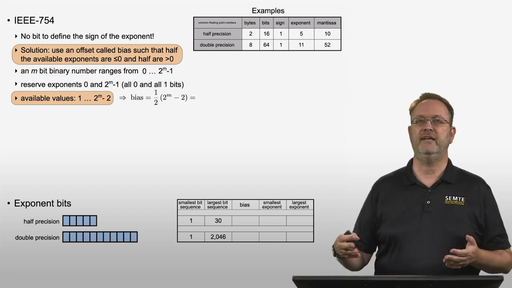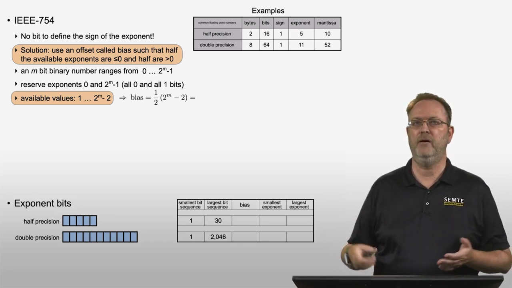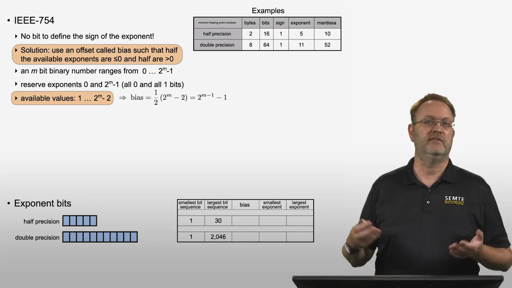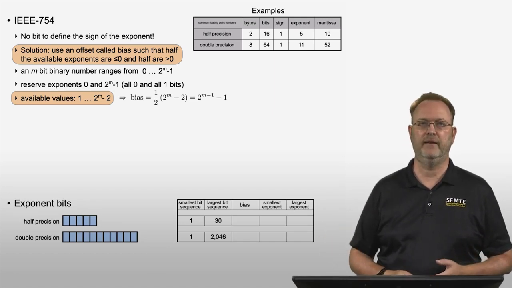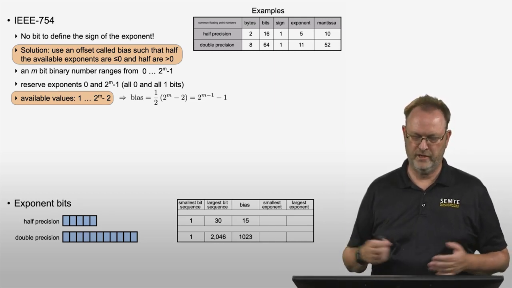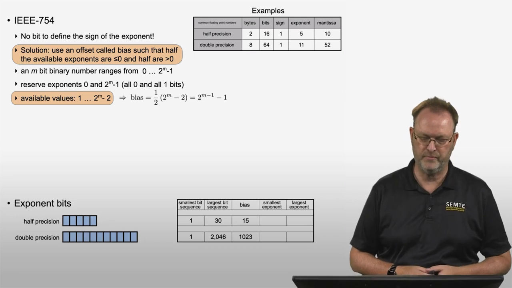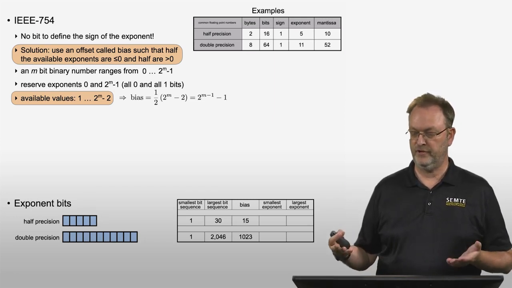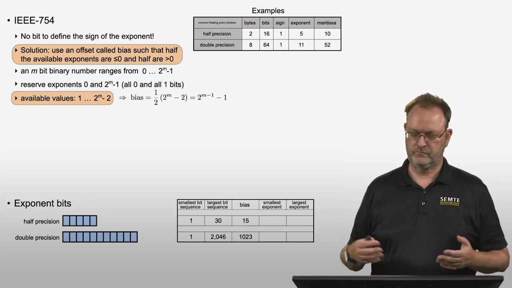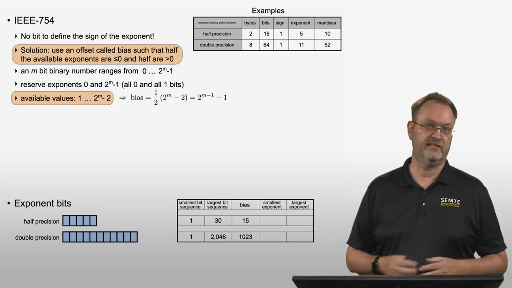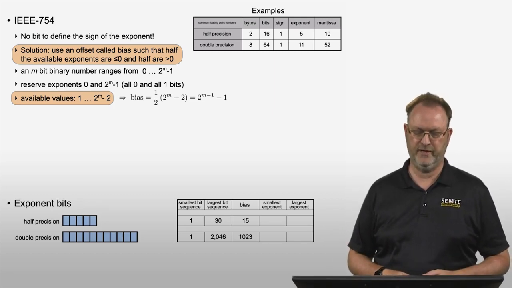So half of that is 1/2 of 2 to the power m minus 2. That is 2 to the power m minus 1, minus 1. So that is the offset. For a half precision number, the bias would be half of 30, so 15. And for a double precision number, the bias is 1023.